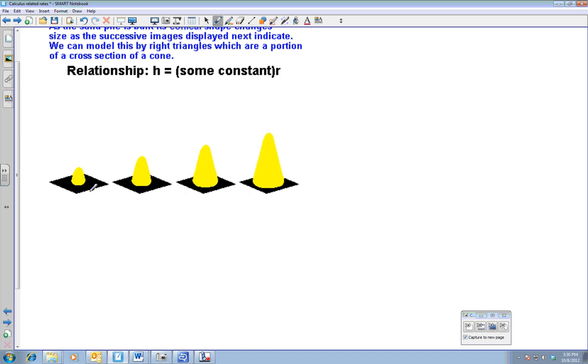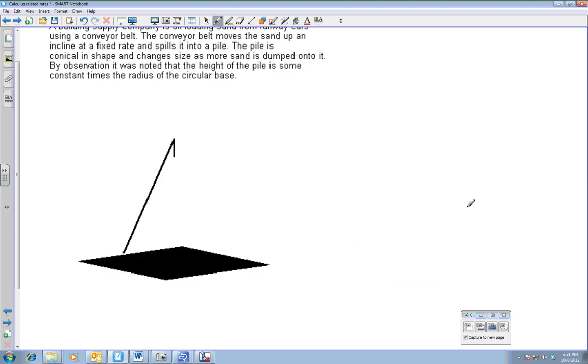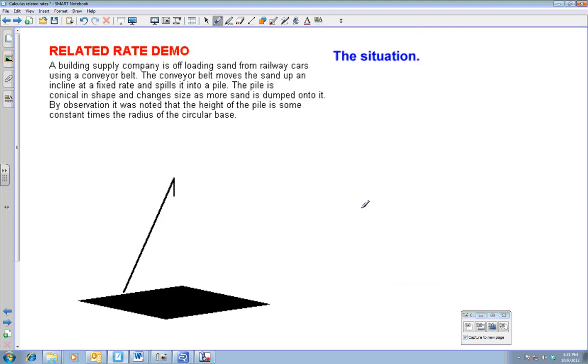So here's when my sand first starts falling. It's getting bigger and bigger. If you'll notice, the bottom of my cone is getting bigger as well as my height, or we'll say the radius because it's a circle on the bottom. So that's another example of a related rates problem.